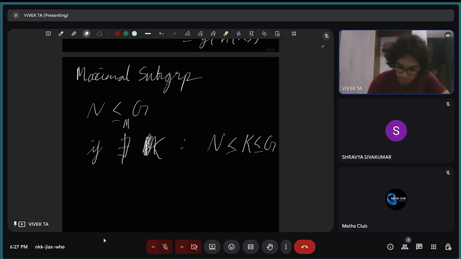Of course, it has to be proper, it can't be improper, so I'll remove the equality. That's what maximal means.